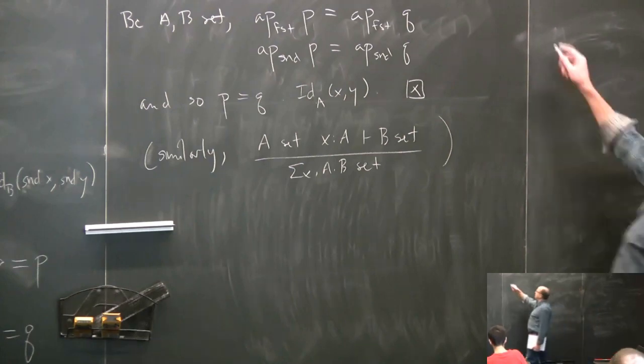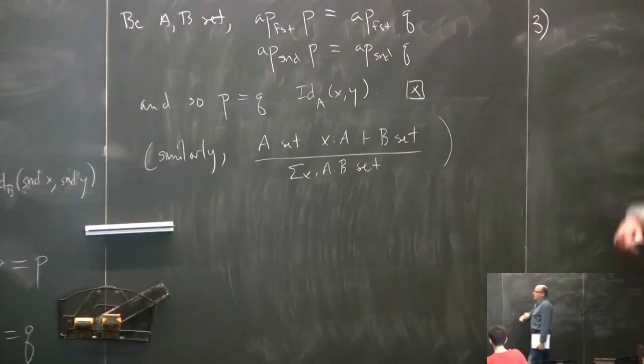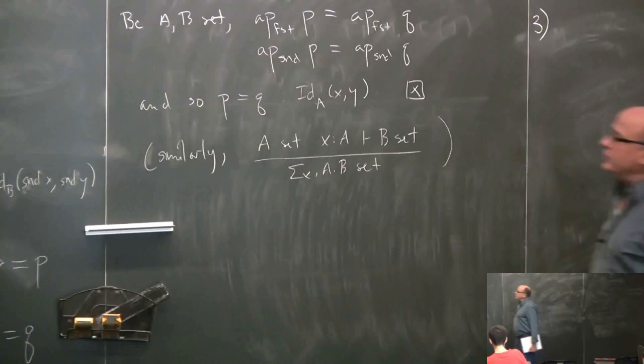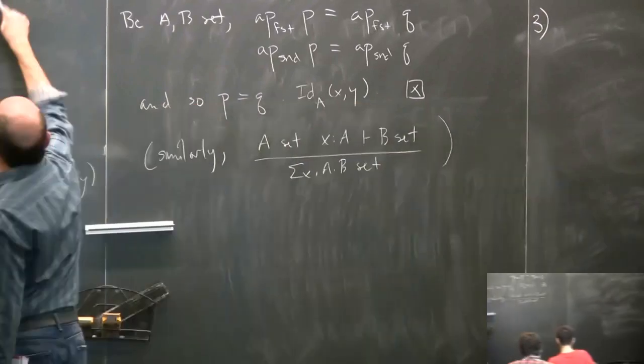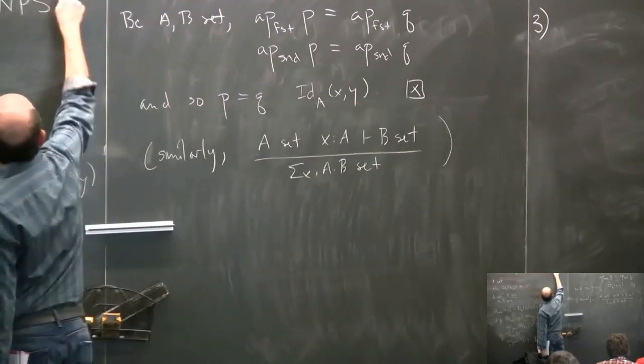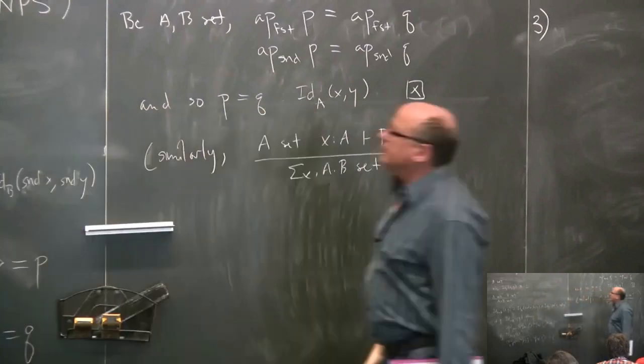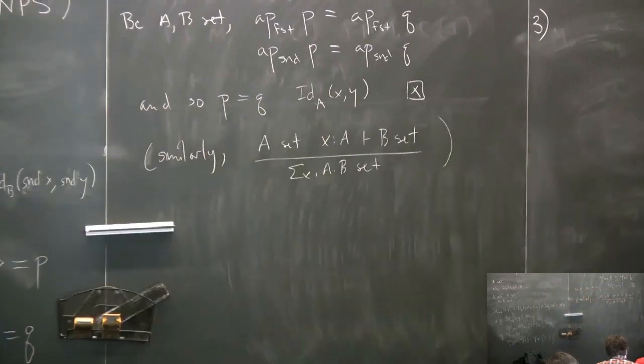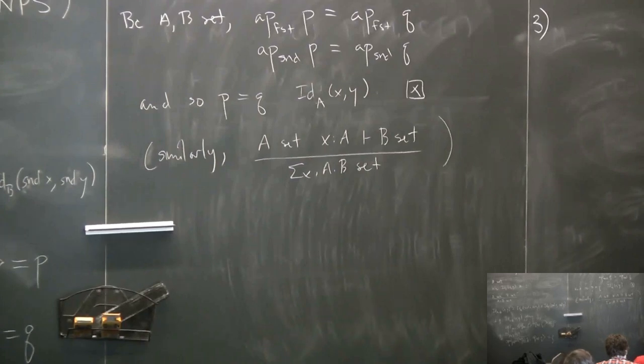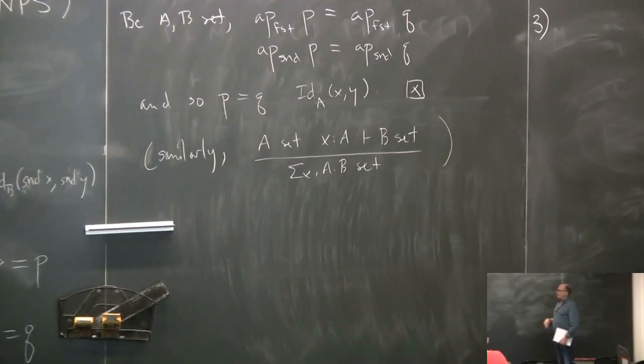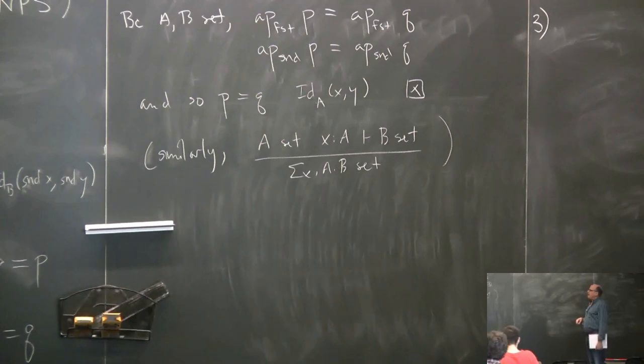So you can see what I'm doing. In fact, if you look at the NPS book that I put on the web page, the 20-year-old book about ITT, they actually use the terminology set. I don't think they were thinking of homotopy sets in this sense, but they called them sets.